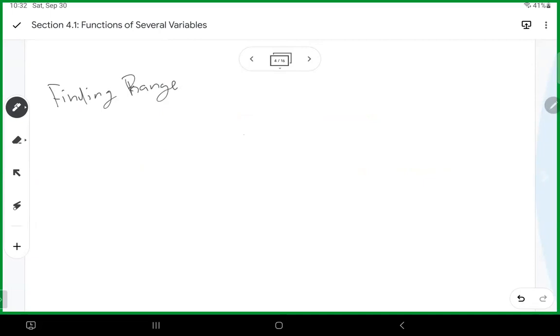Okay, so we need to do x sub 0, y sub 0. So that means we would have x sub 0 squared plus y sub 0 squared equal to 9.